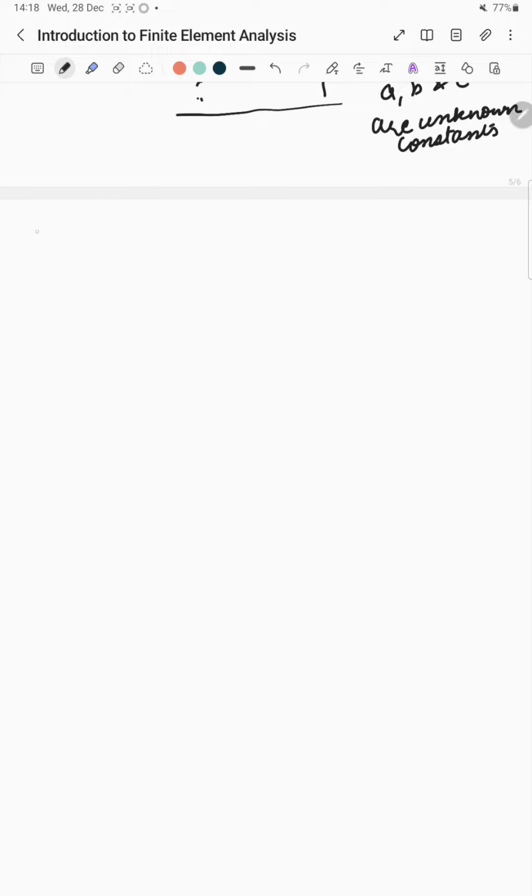Now our next step is to find the error in a weighted integral sense.